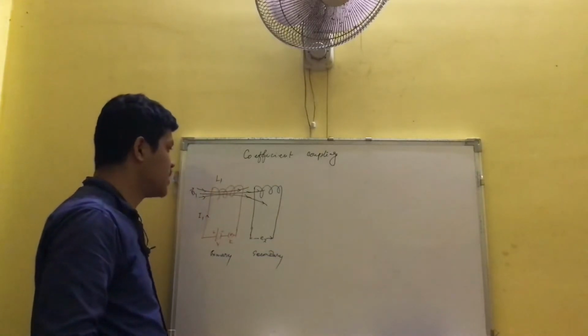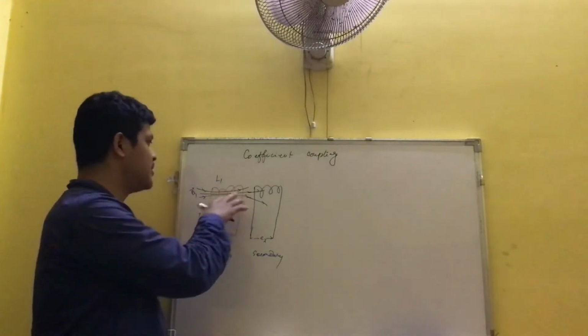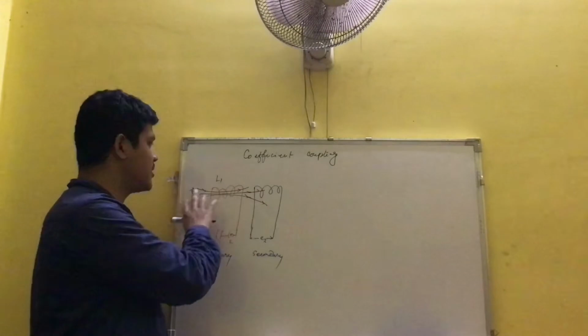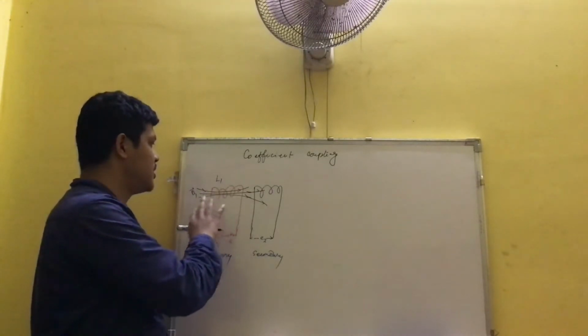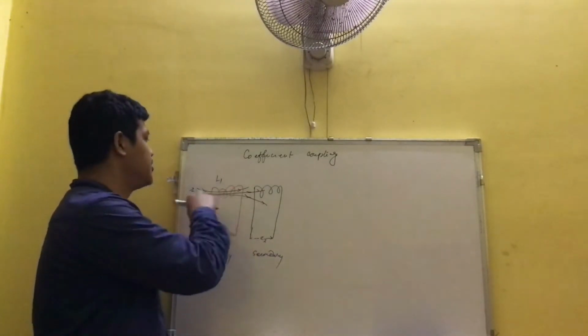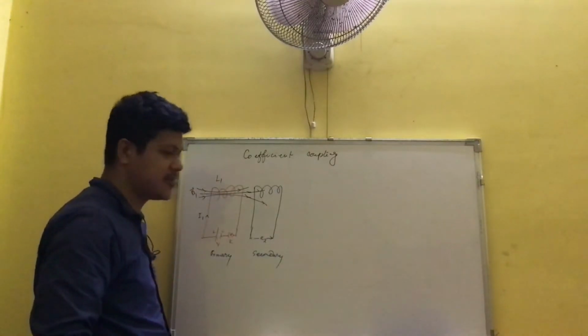So these are imaginary lines. Practically we can't see such lines. Just in order to study the behavior of the magnetic field, we need to imagine such lines, right?